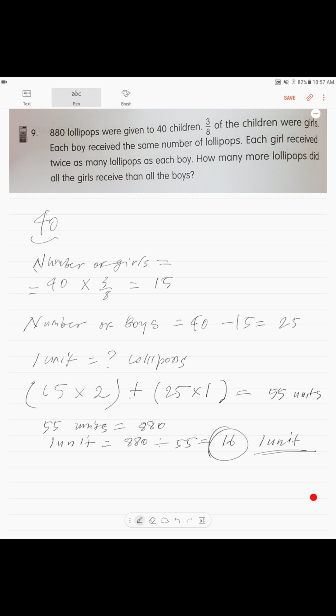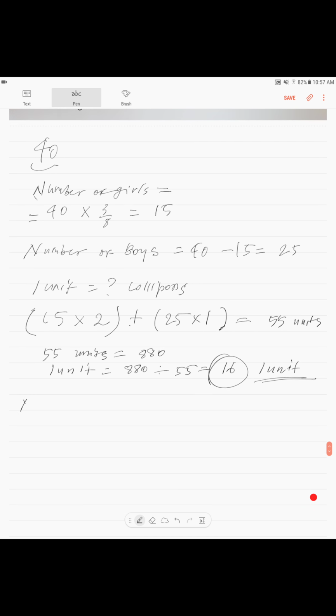So let's calculate. Number of lollipops received by 25 boys was how much? 25 boys times 16, 1 unit of the lollipop, right? Which is 400.